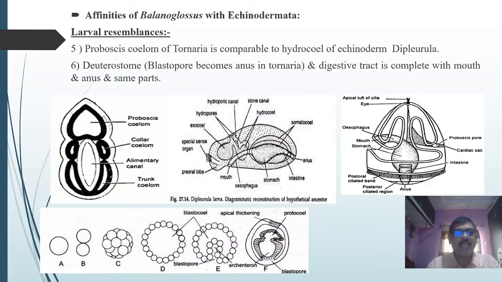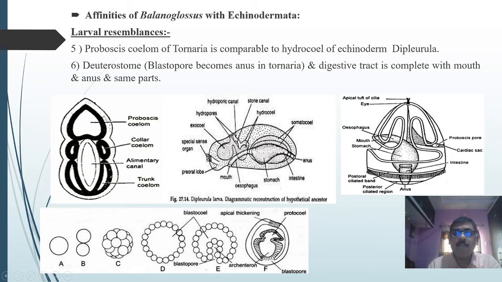Okay, next there are also dissimilarities between the larvae. Just as we have discussed this Tornaria larva, if you observe the proboscis coelom of this Tornaria larva, it is comparable to the hydrocoel of the Echinoderm. This is the cavity, the hydrocoel.